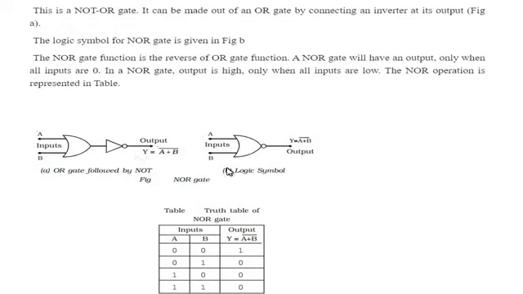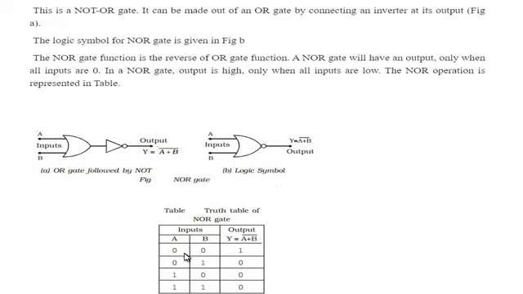Clear? Now this is the symbol of the NOR gate. It has a bubble on the OR gate, means it shows the complemented output of the OR gate. It has two inputs, so 2 raised to 2 is equal to 4. 4 possible combinations are there.